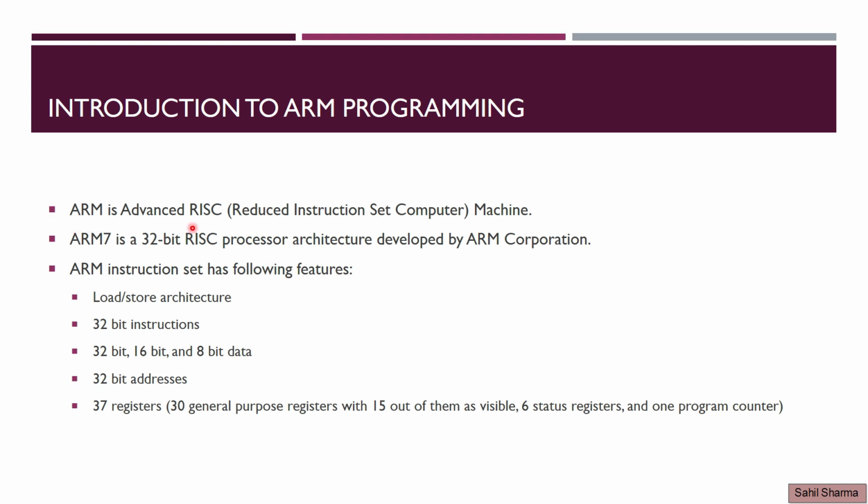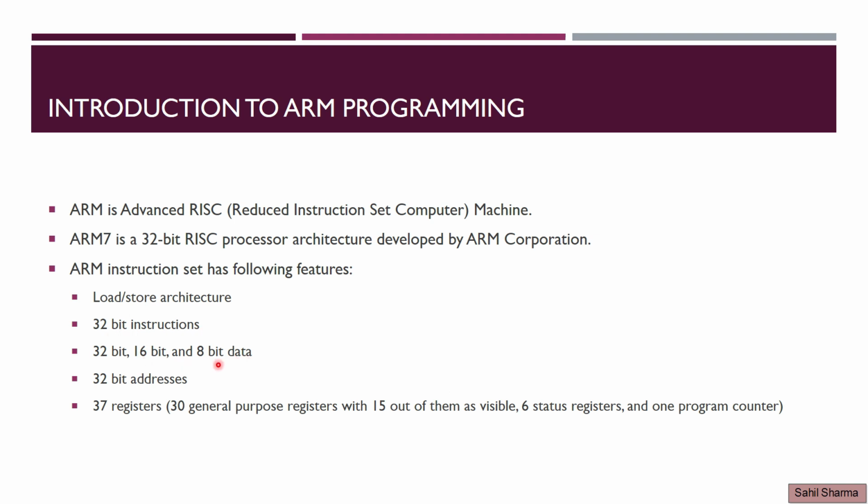ARM is Advanced RISC Machine. ARM7 is a 32-bit RISC processor architecture developed by ARM Corporation. ARM instruction set has following features. We can use load and store architecture. 32-bit instructions are available.